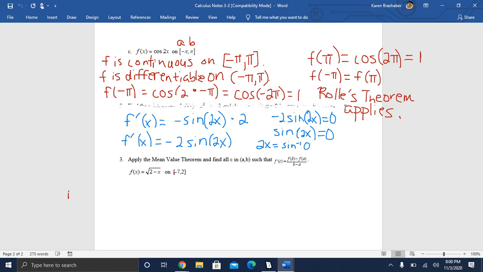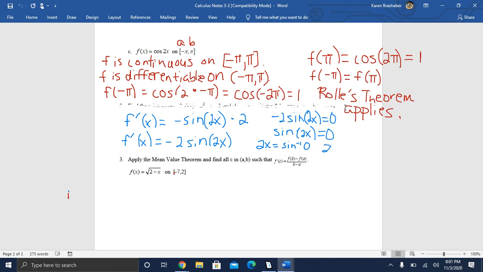So I need to know, where does the sine equal 0? So at what places do I have, and I need to be in my interval. So from negative pi to positive pi, where is the y value equal to 0? Well, it happens at negative pi, and it happens at 0, and it happens at positive pi. So I would have 3 places here.